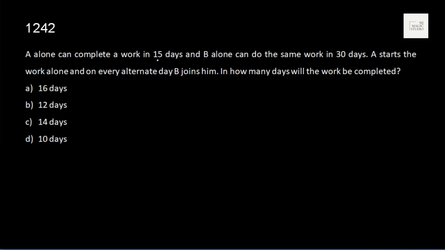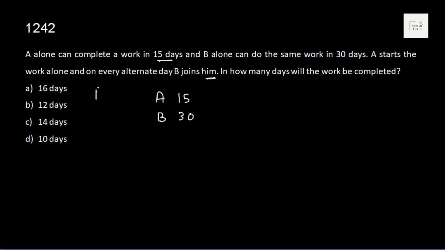A alone can complete a work in 15 days, and B alone can do the same work in 30 days. A starts the work alone, and on every alternate day B joins him. In how many days will the work be completed?